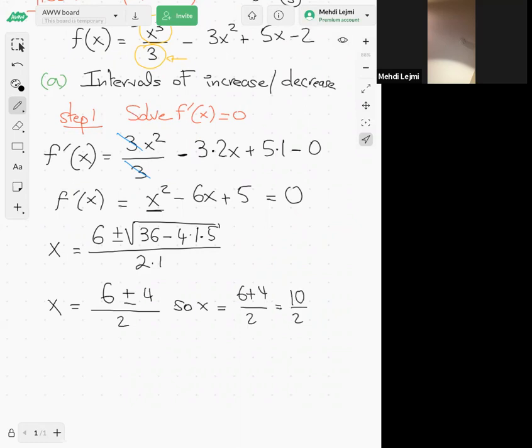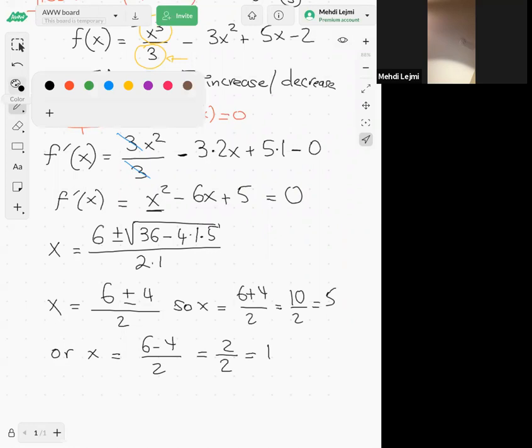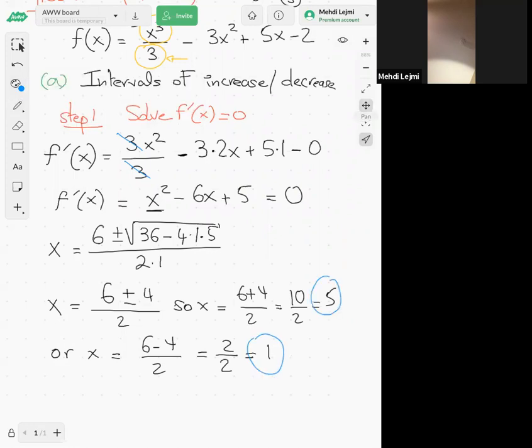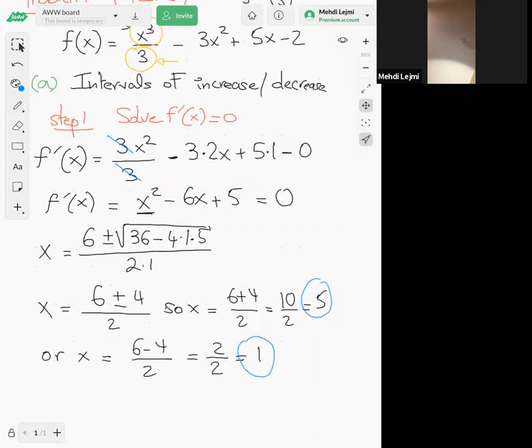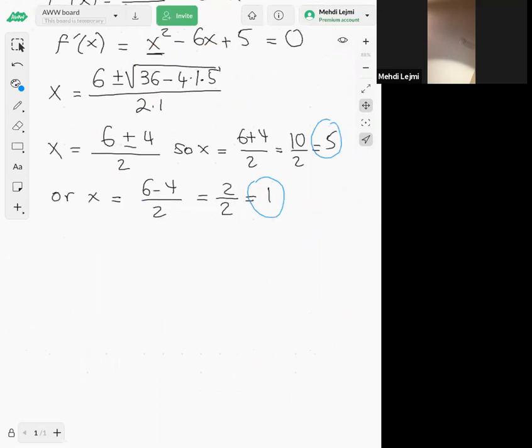So then x is 5, or x is 6 minus 4 over 2. So that's 2 over 2. And then that will be 1. Right? So we got 2 solutions, guys. We got this 5 here. We got this 1. And so now I solved my f prime of x equal to 0. Got 2 solutions. Now I can move to the next step.